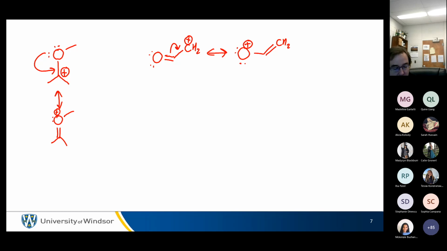Now, let's start just looking at this left-hand one here. Which of these 2 resonance structures, the top or the bottom, is the more stable resonance structure, the bigger contributor to the resonance hybrid? Okay, it says the top one.